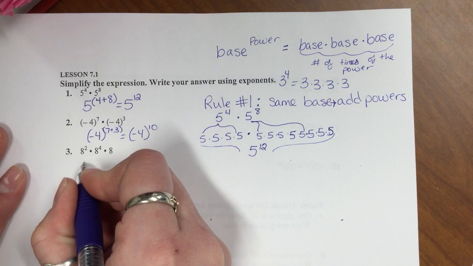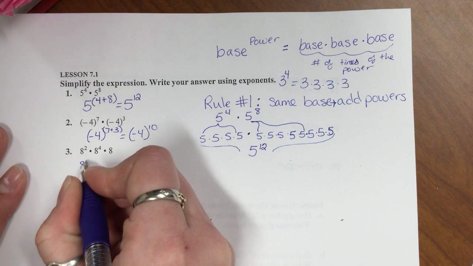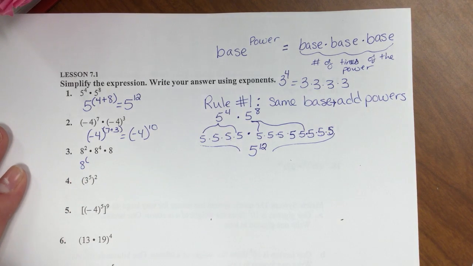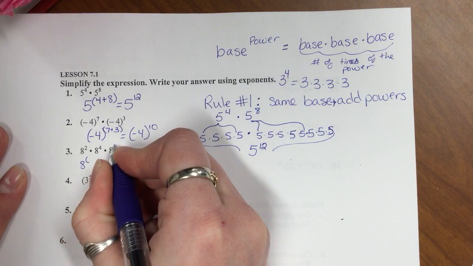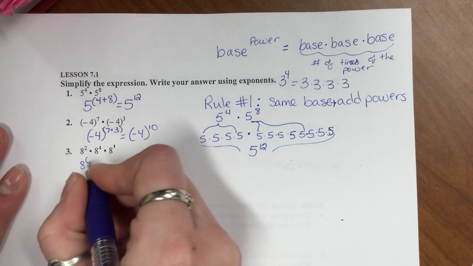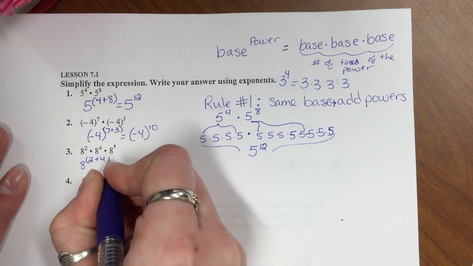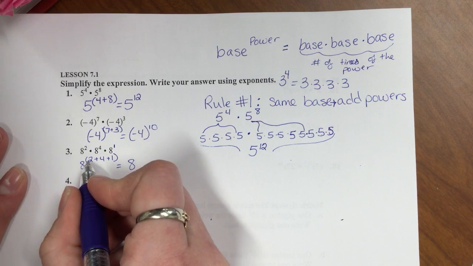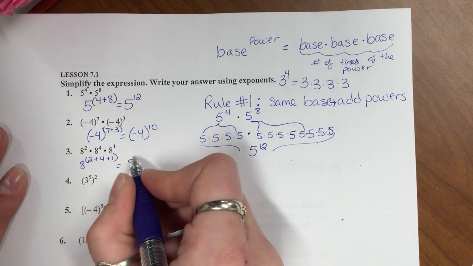Again, same base: 8 squared, 8 to the 4th, 8. If there is no power, there is an invisible 1. So we have 2 plus 4 plus 1, which is 7. 8 to the 7th.